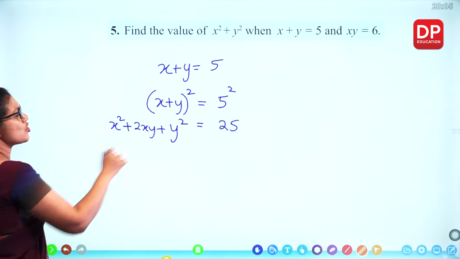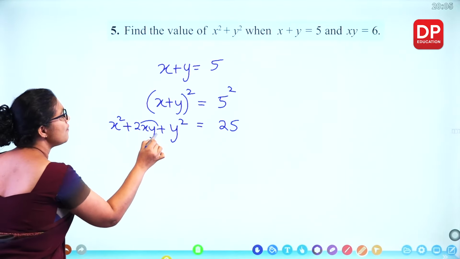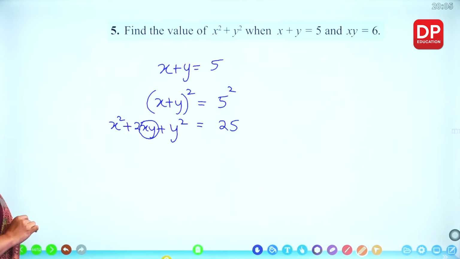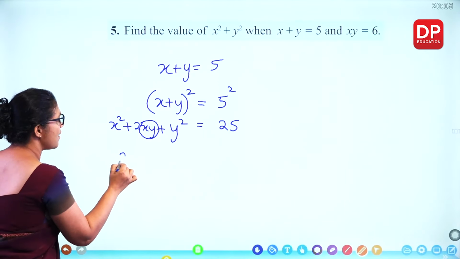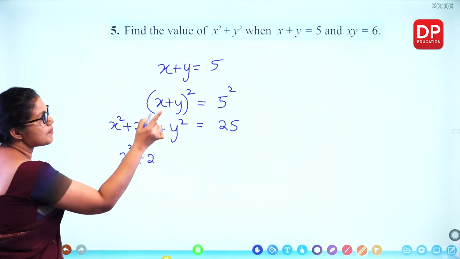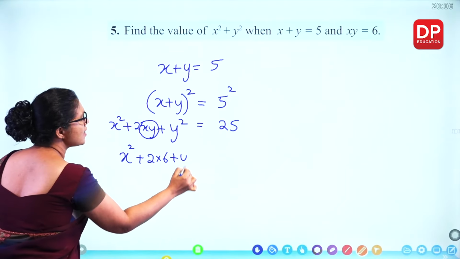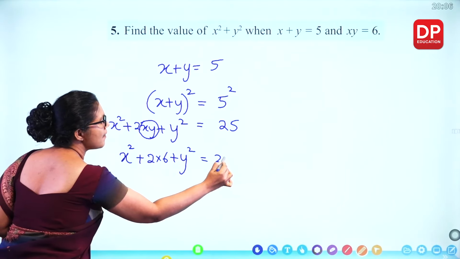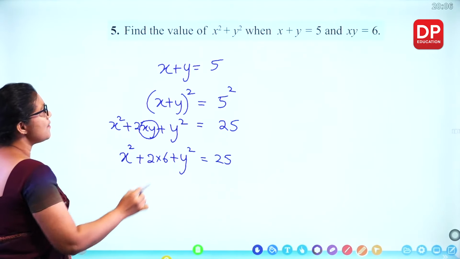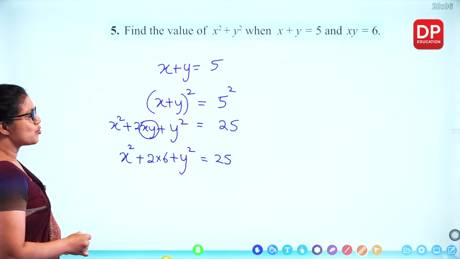So this expression is 25. But you know xy value is 6 given. So you can substitute there. So I can write x squared plus 2 times xy value, given 6, plus y squared is 25.